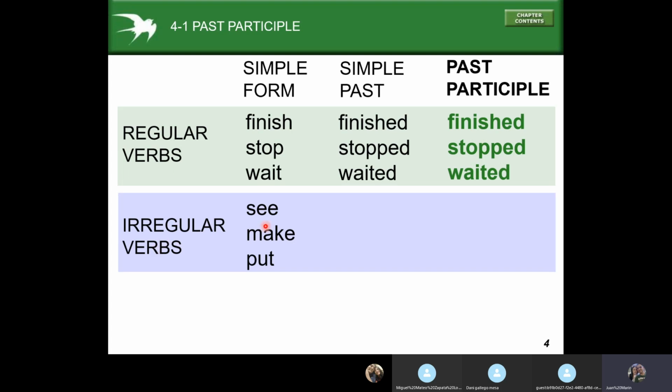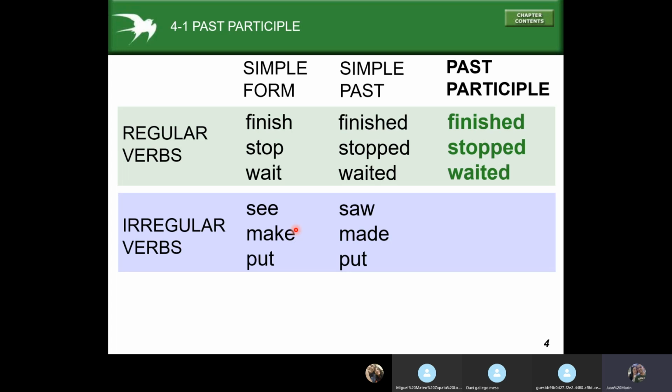What happens with irregular verbs? They are irregular, so they don't have a rule. For see, what is the past of see? Make, made, put, put.